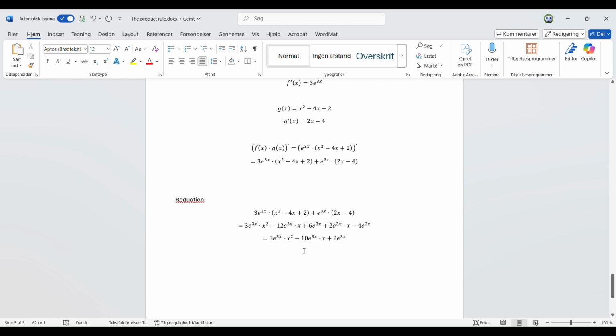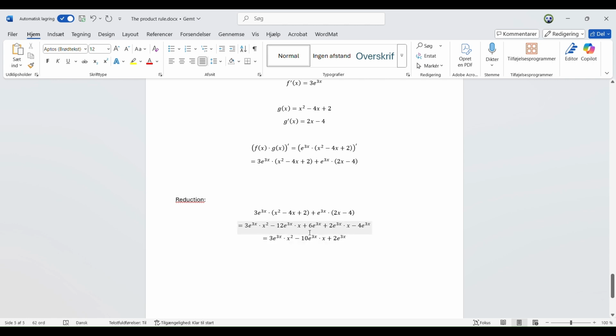And if we want to reduce that a bit, we get these expressions down here, because we've got minus 12 times e raised to the power 3x, and we've got plus 2 times e raised to the power 3x, so that will yield us this result.